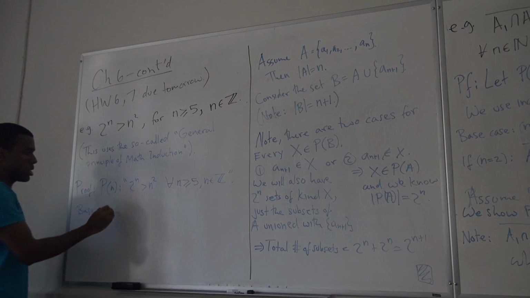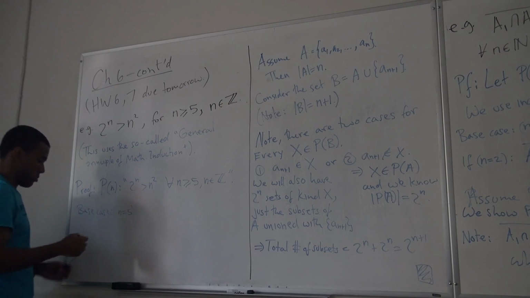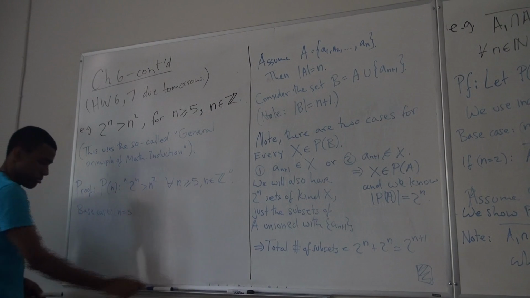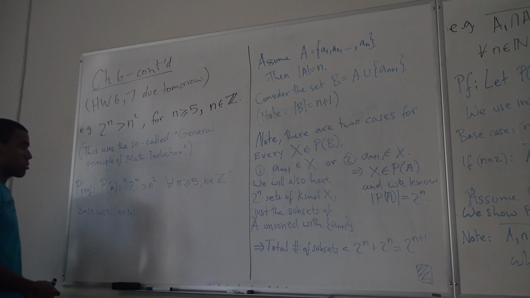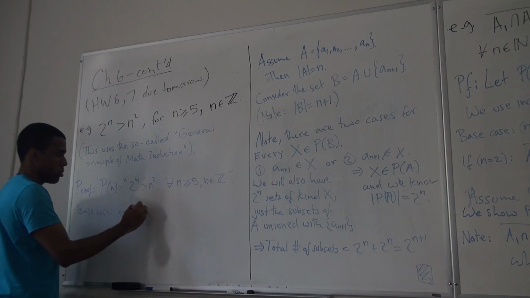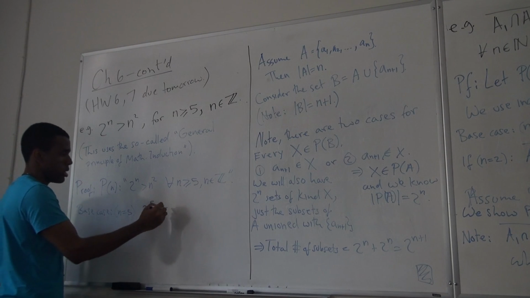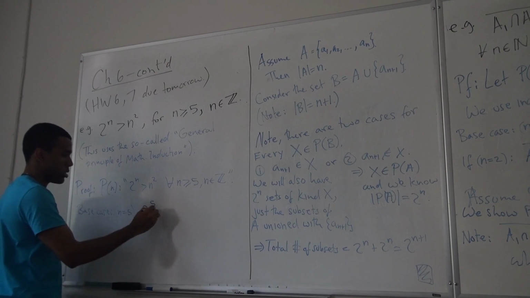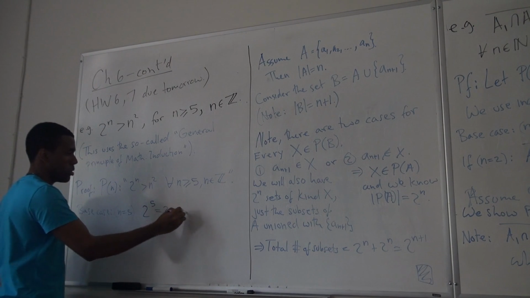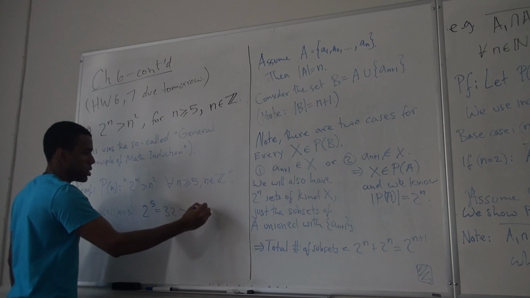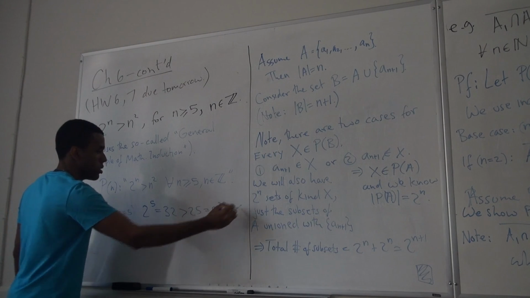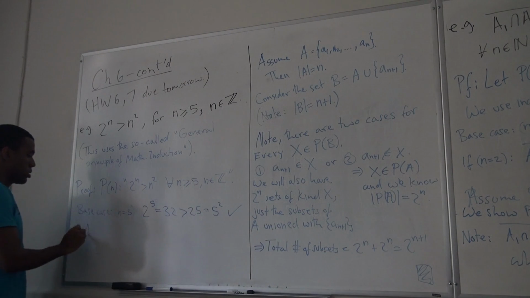The base case now is just the n equals 5 case. And so what we'll do is we have 2 to the 5 is greater than, just write out, 2 to the 5 is actually 32, which is greater than 25, which is 5 squared. So the base case holds.